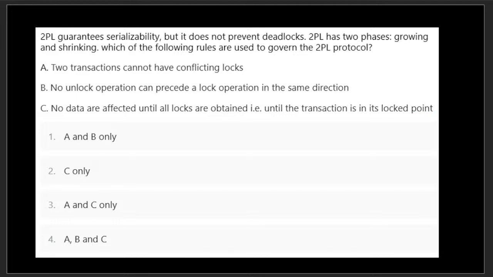So what do you think are the correct answers for this? Those who know about 2PL can solve this question. Can you confirm in the chat box? And those who want to understand a certain topic in any subject of UGC NET, they can comment it below, and I'll make a video on that particular thing. I'll teach the particular topic if you want me to teach.